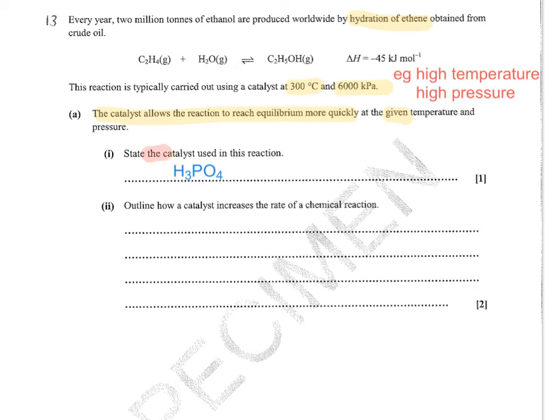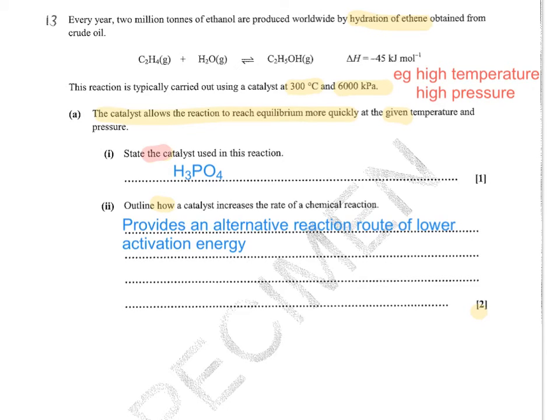So then it gets you to outline how a catalyst increases the rate of reaction. So specifically what they want is how it does it. So there's 2 marks on offer, so there's 2 specific things I would say that need to be said. The first thing is that it provides an alternative reaction route which has a lower activation energy.